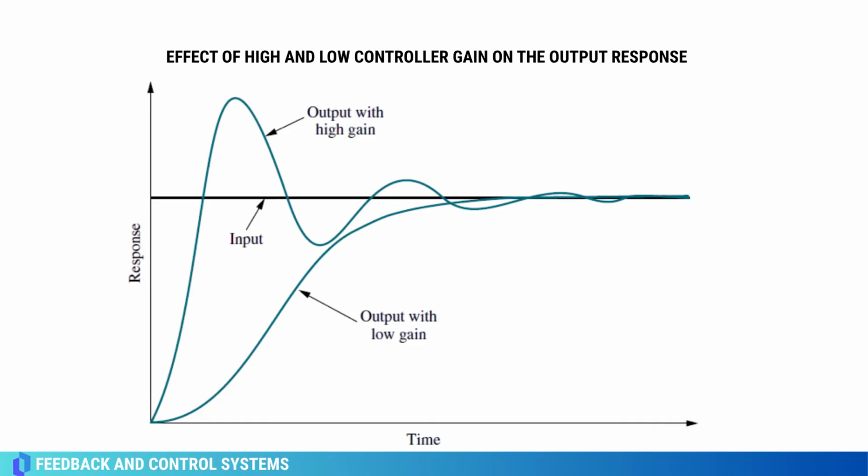On the other hand, the output with a high gain oscillates. If you look at our graph of the output with the high gain, there is a bouncing pattern in our wave, or in our signal. So that is what is called oscillation. It bounces before it reaches our steady state.